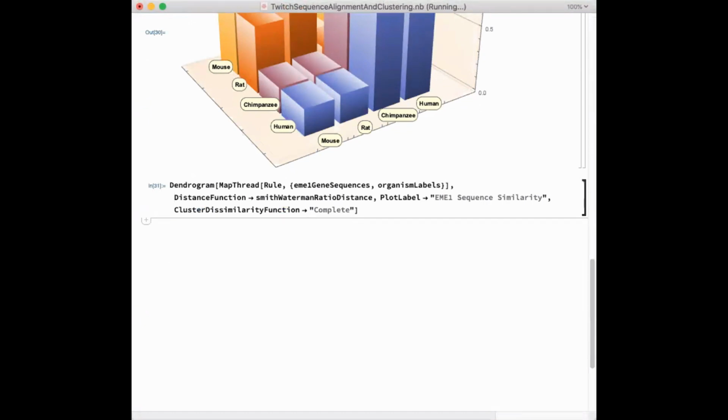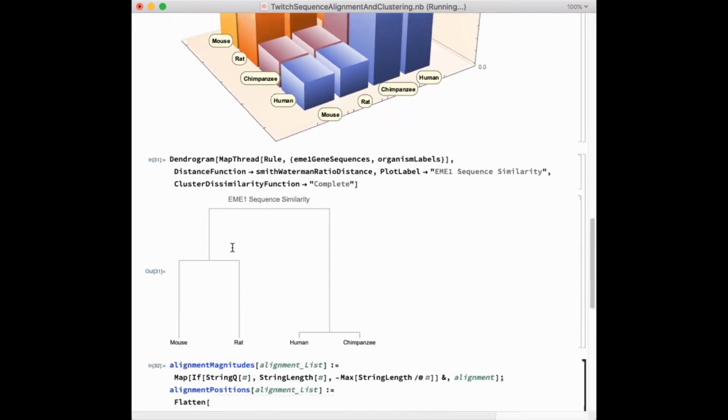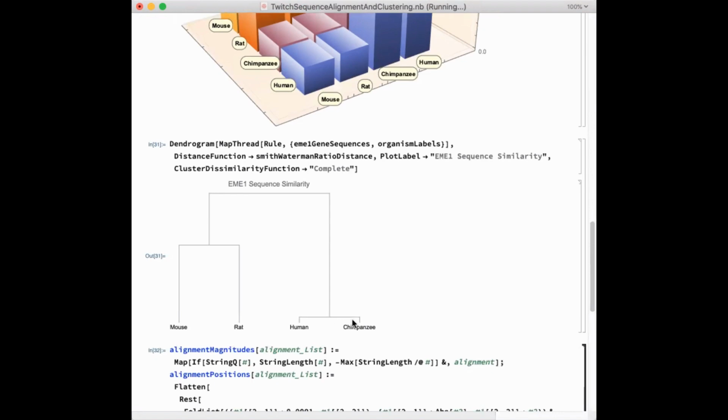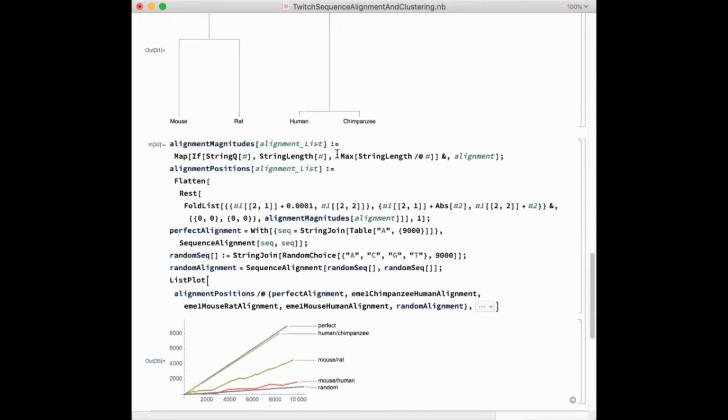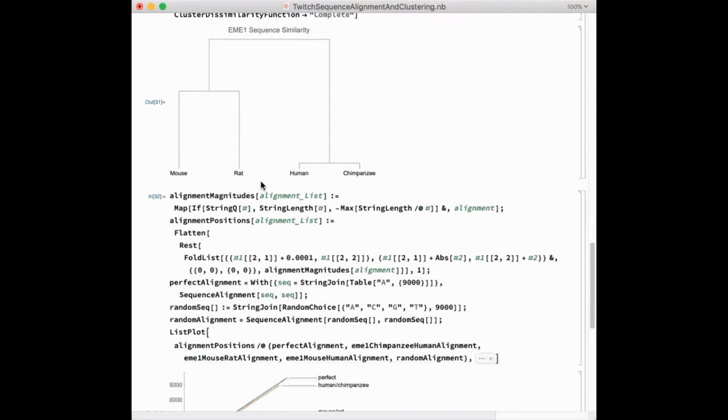Now we'll also look across the entire alignment, and we'll see for each section of the alignment how similar they are between each other. So here, as predicted, humans and chimpanzees cluster quite tightly. Mouse and rats, again, about half. And then here is where the cluster joins overall.